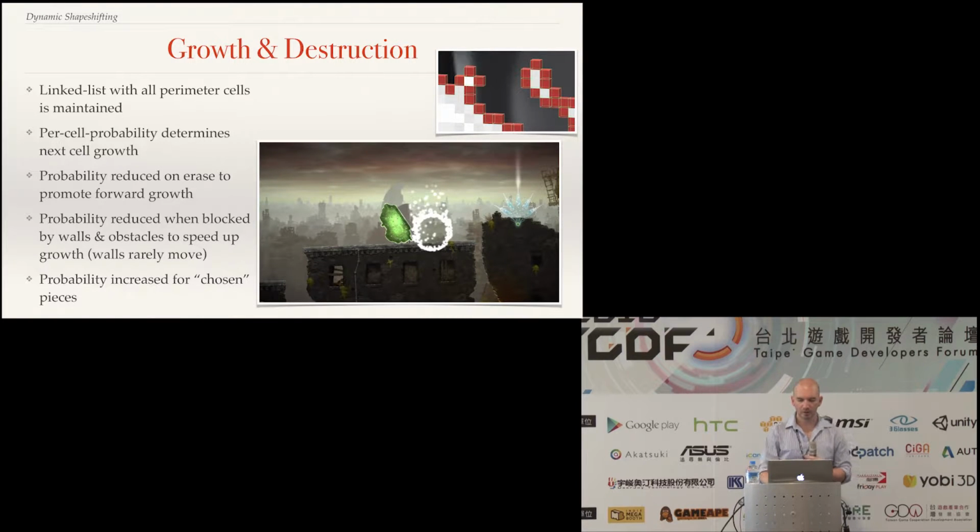The probability is reduced if you erase. So imagine that all the cells in this big circle blob start at 1, and then you remove the right-hand side. That side will become 0, which means it will not grow on that side. It will try to grow on the other side. So it promotes forward growth. That is the magic of Mushroom Learning. I think that's the most important.